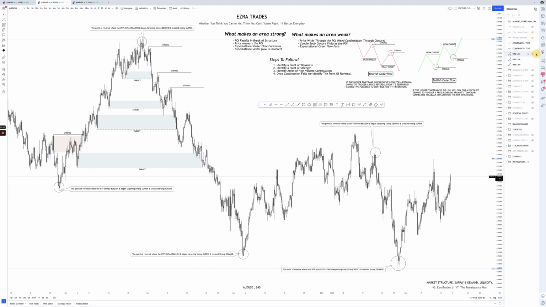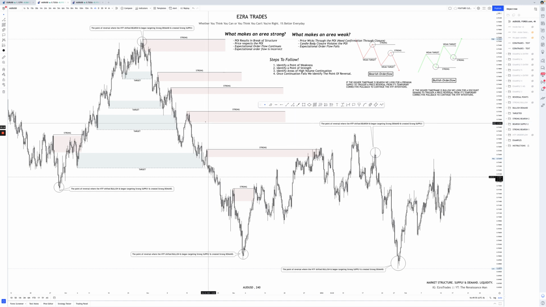Now I have them already labeled, so we're going to use those. We're going to mark out the strong supply, strong bearish, right? So these are all the strong levels identified that broke structure, and they're leaving behind what? Supply. Those supplies should be respected. Once again, I'm using the candle that gets engulfed.